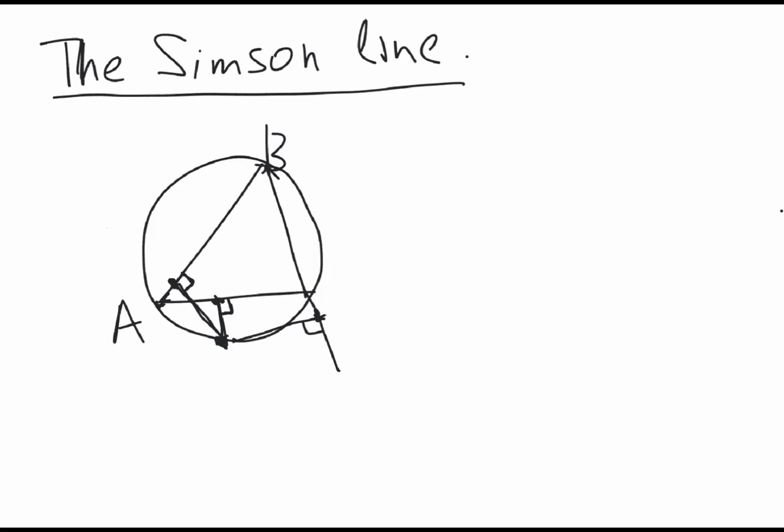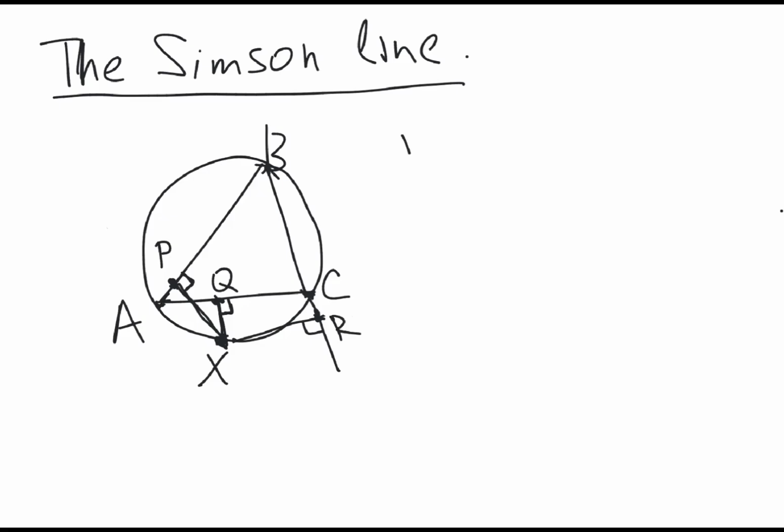The original triangle would be ABC, then the arbitrary point that we took on the circumcircle is denoted by X, and the feet of the altitudes, let's denote them P, Q, and R.